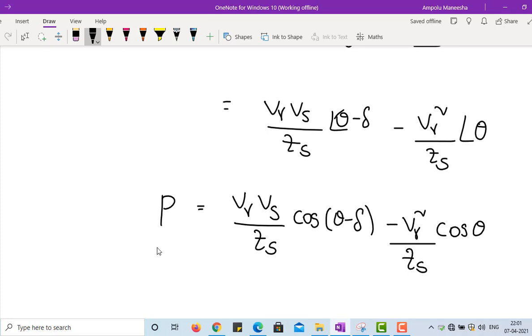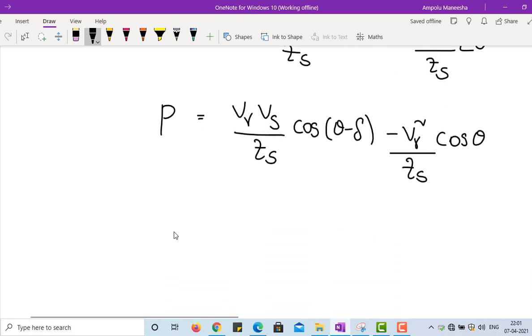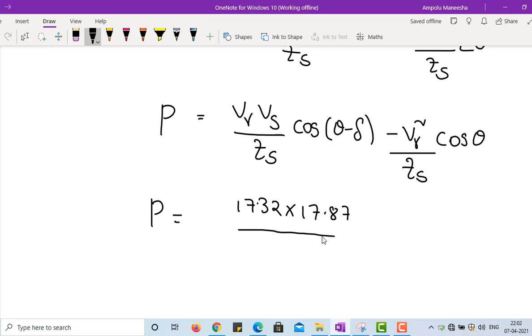Now we need to substitute the values of VR, Vs and these things. VR it is given as 17.32 and Vs it is given as 17.87. Zs is root over r square plus x square, right?